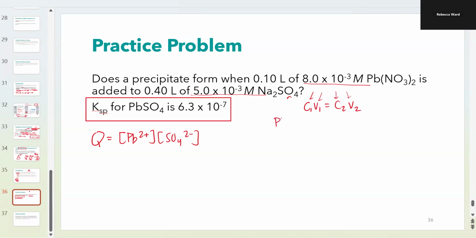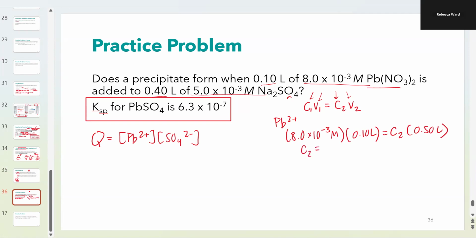So let's do this for lead 2+ first. The initial concentration of lead was 8.0 times 10 to the negative 3 molar, and I had that in 0.10 liters. I'm wondering what my new concentration is after I dilute it to a total of 0.50 liters, because I'm going to have a half liter when I combine these two.